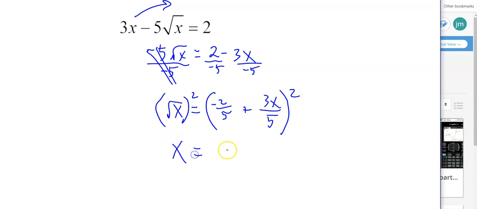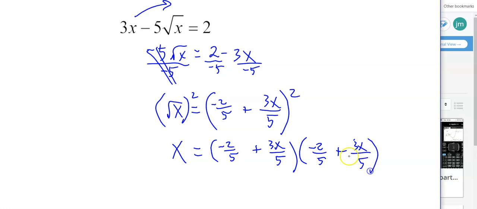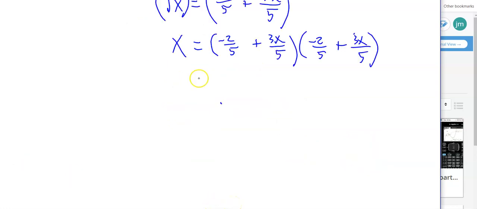So x is going to equal, I'm just going to write it out so we can see it. It might be hard to do in our heads. So we're going to FOIL that with itself, right? And let's see what we get when we FOIL it. So first, outside, inside, last. First times first would be positive 4/25.